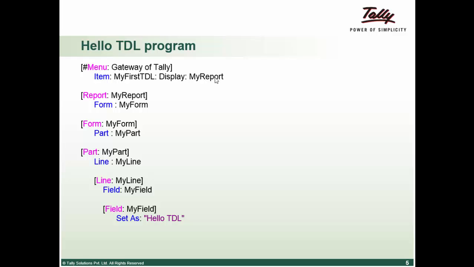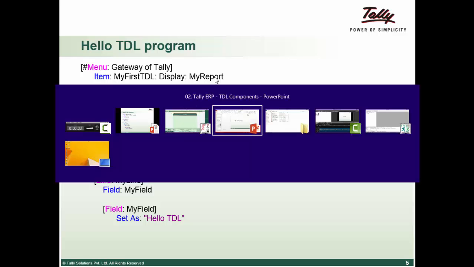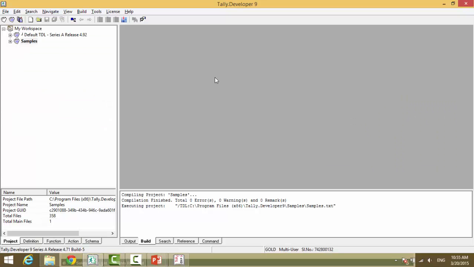Opening the product Tally Developer 9. This is the project pane. This is the project properties pane. This would be the editor pane. And this would be the output pane.